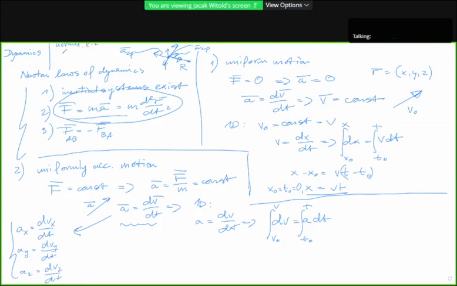Normal acceleration was v squared over r, and that was the centrifugal acceleration as well, in case of the motion over a circle, and that should be equal to the gravitational force. So the force of the gravity should be equal to the centrifugal force, meaning that mg should be equal to mv squared over r, where r is, of course, the radius of Earth.